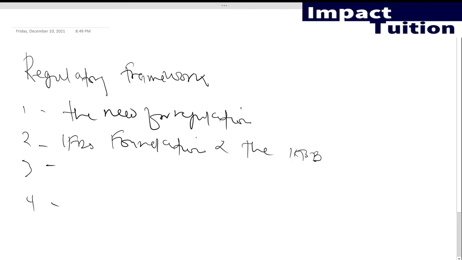We'll also talk about global harmonization of accounting standards.